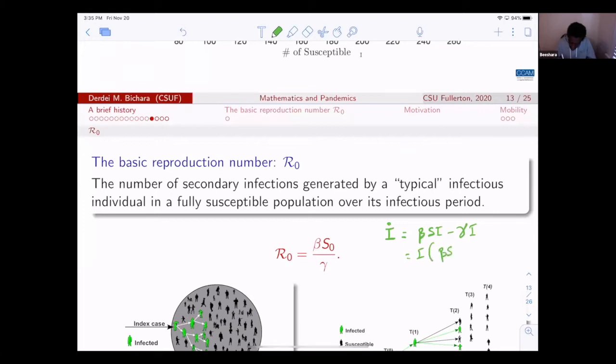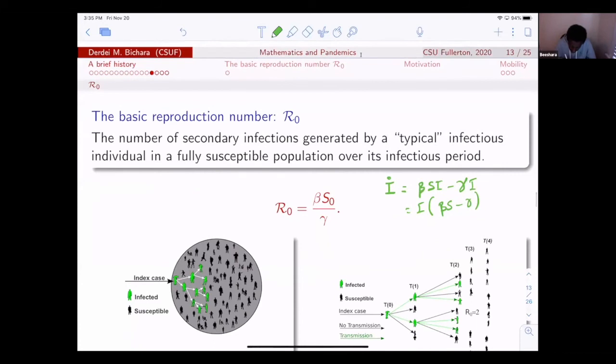Beta S minus gamma. So at the beginning, what do we get?